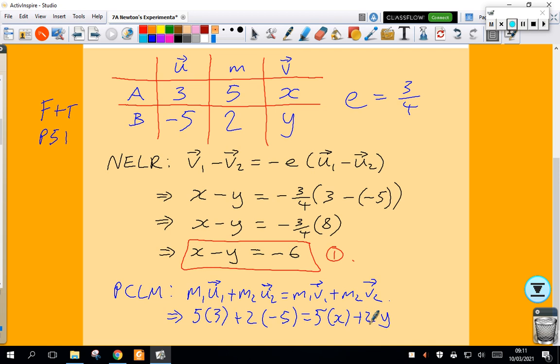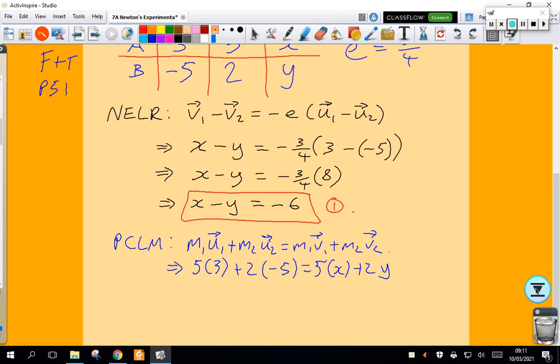Okay, and then we're just going to simplify that. Simplifying that equation, we're going to get 15, and that's going to be minus 10. So we're going to get 5 on the left hand side is equal to 5x plus 2y, and we're going to keep that. That's equation number 2, and now we're going to solve these two equations simultaneously.